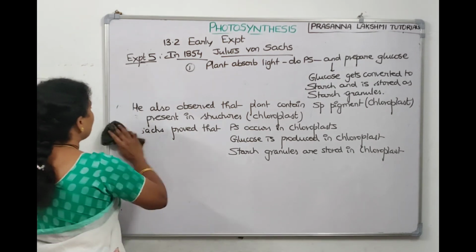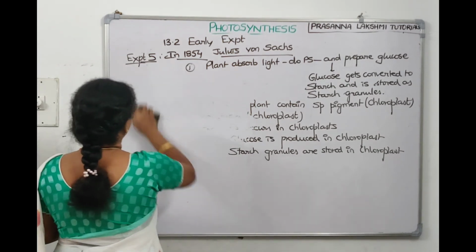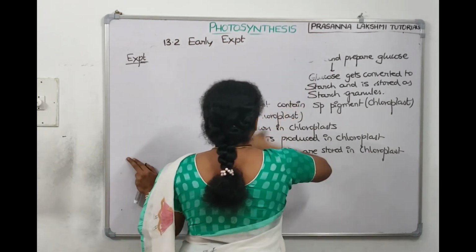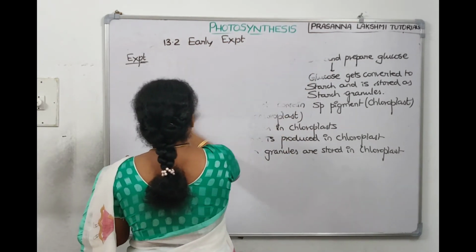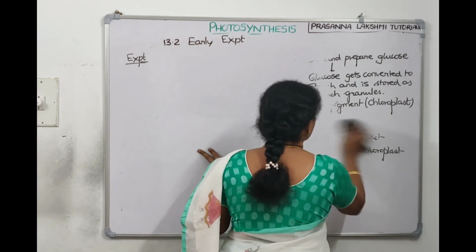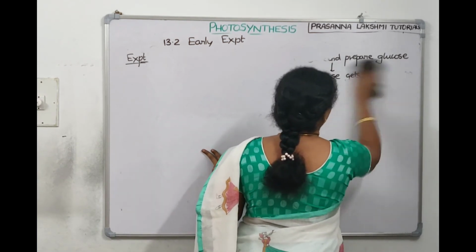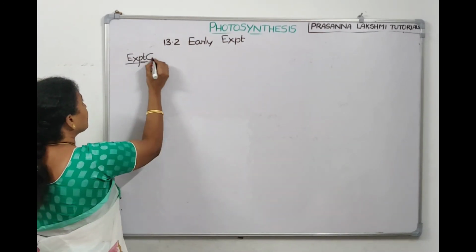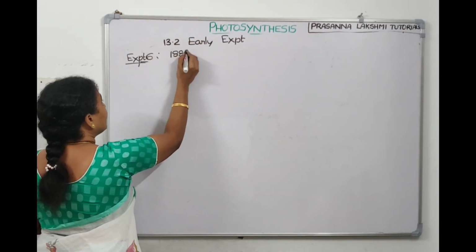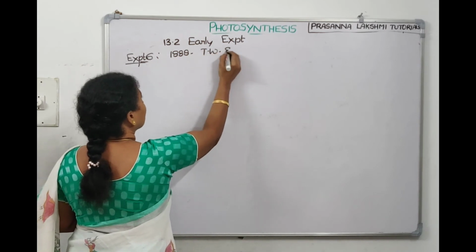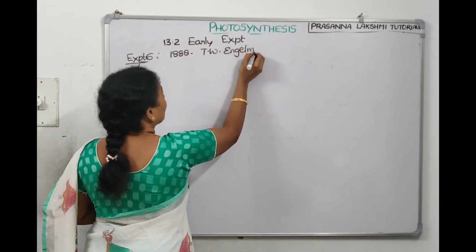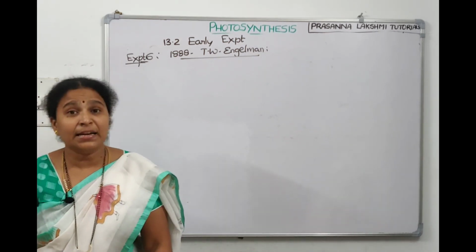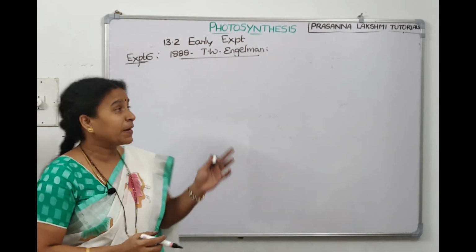Right? Now experiment number 6 was conducted in the year 1888 by another eminent scientist. His name is T.W. Engelmann. Now, he designed the first action spectrum.